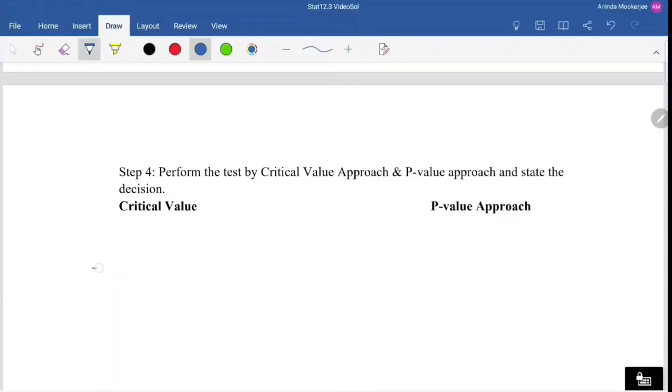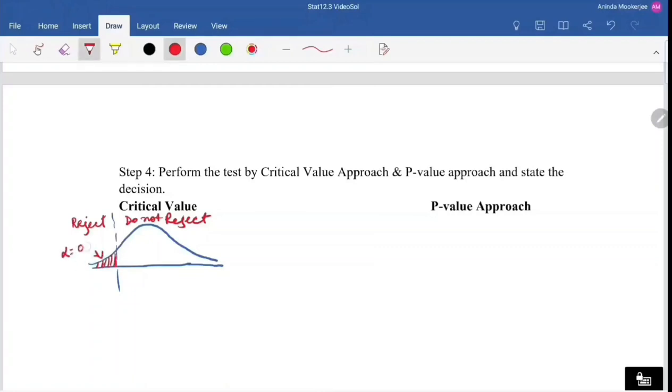For the critical value, let's draw the same curve that we drew above to define the reject and do not reject regions. It's going to be on the left-hand side, the reject region, and the other side is going to be do not reject. Let's shade the area for the reject region.